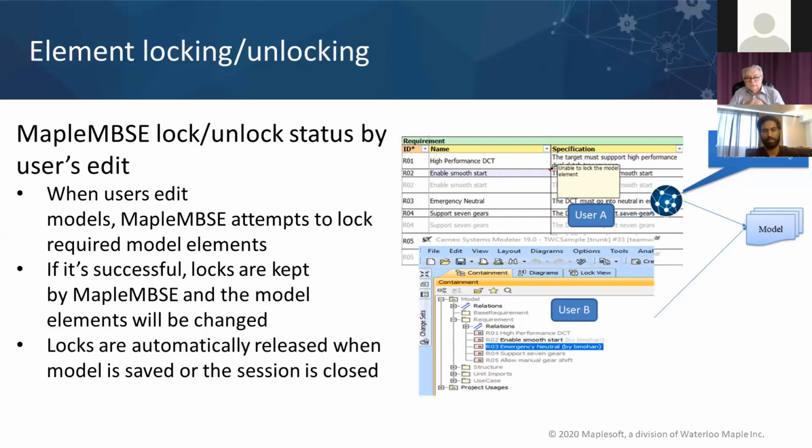In case MapleMBSE is not able to access the model because it is locked by a different user who is using a Cameo or MapleMBSE session, the user will be notified that we are not able to acquire the locks. In this case, you will not be able to delete, edit, or make any changes to this part of the model, but you will still be able to add elements that are not locked by the other users.